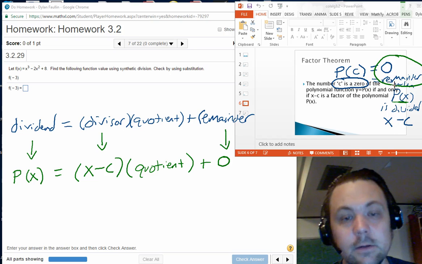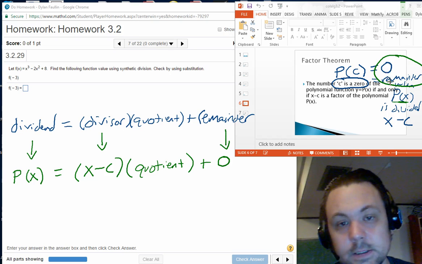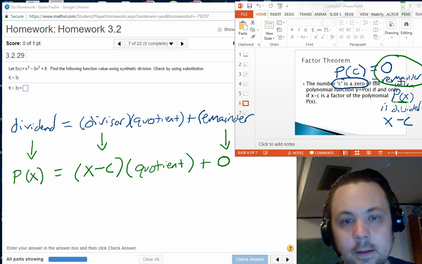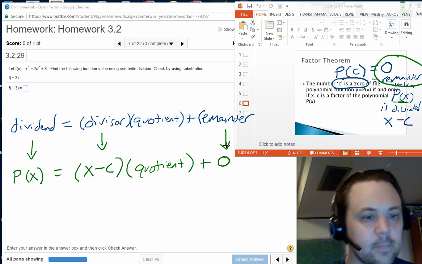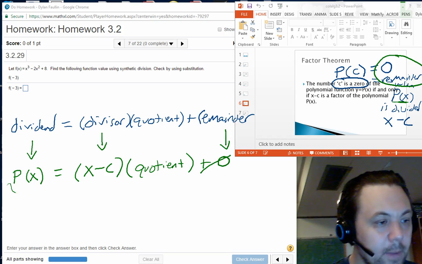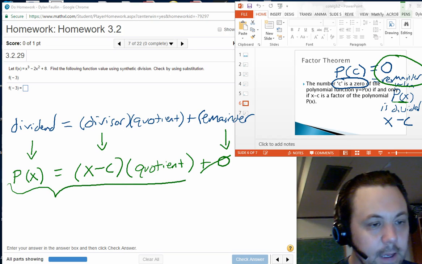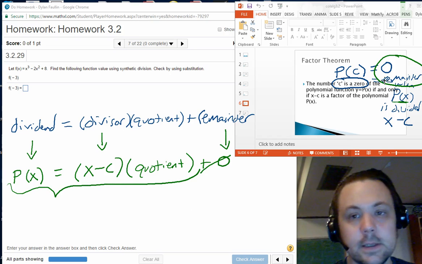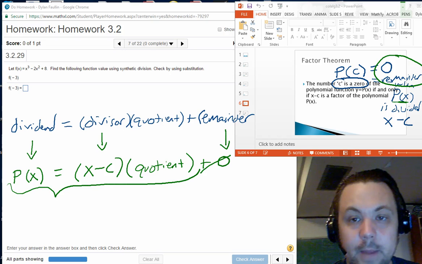And if c is a 0, then p of c is equal to 0. So those two are equivalent. The remainder must be 0. And if the remainder is 0, this just drops out, and we get that p of x is equal to x minus c times the quotient. And without the remainder component being there, what you have is two factors.